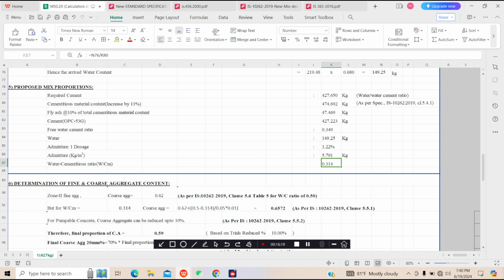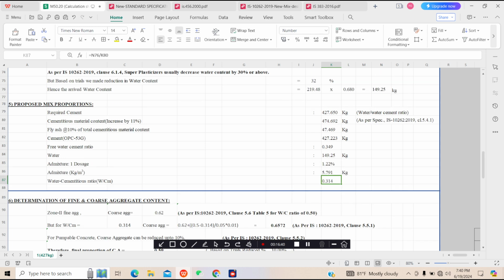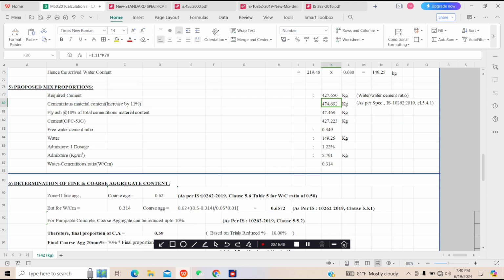If we have used only cement, then we have to calculate the water cement ratio. But if we use any other mineral admixture, that is fly ash, microsilica or GGBS, then we have to calculate the water cementitious ratio. For this we have divided the water, that is 149.25, by the cementitious material content, that is 474.692.